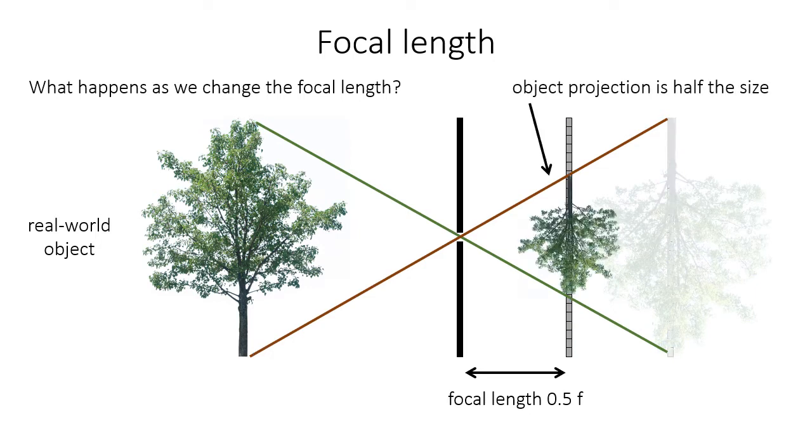Then you can see the object projection is half the size as shown here. So by changing this focal length, we can enlarge the scene, or we can make the scene small, as shown here.